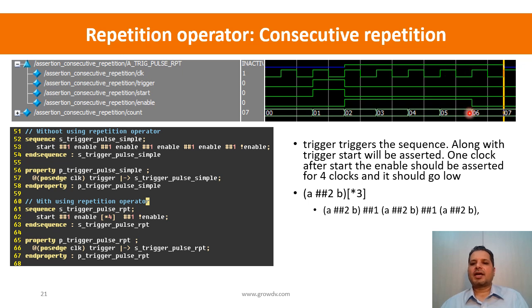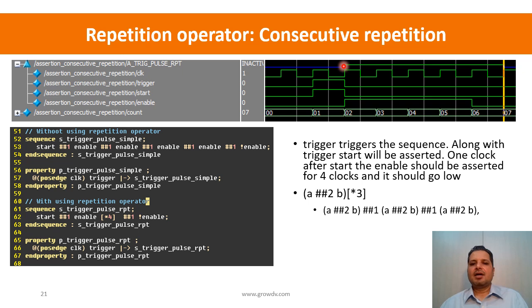So 4 clock cycles it's remaining true, and then at the count value of 6, the enable signal goes low. At the point where the count has become equal to 7, on this particular sampling event, it samples the enable being low, and that is when the overall property is satisfied, and hence you see that the active duration of this particular property has ended.